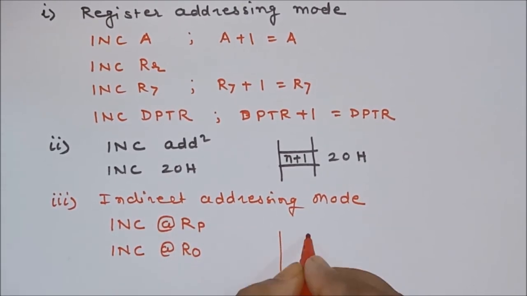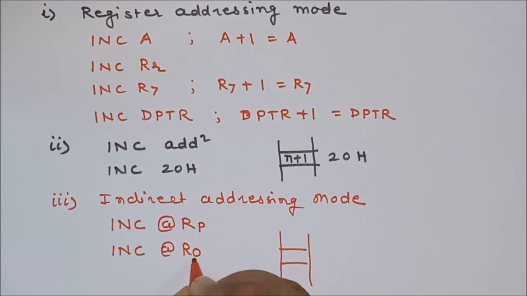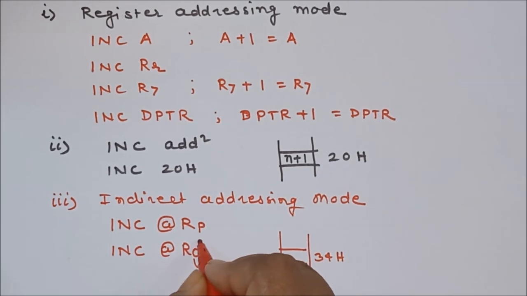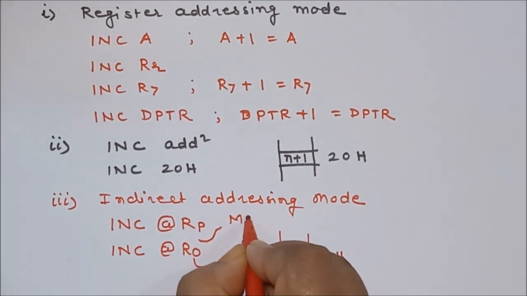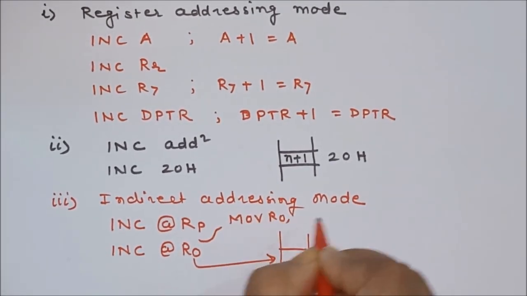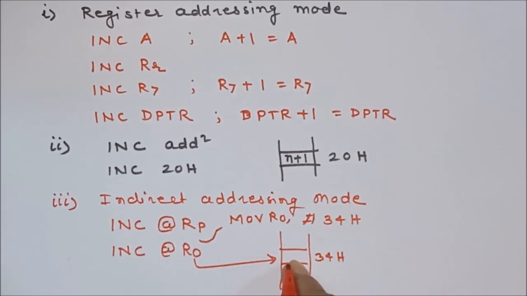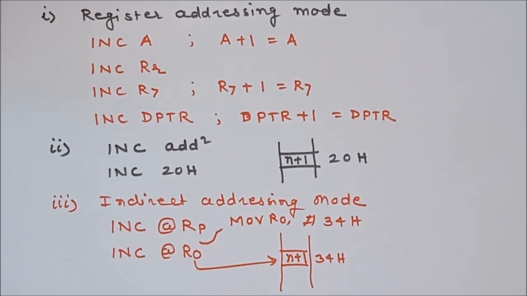R0 will point to the memory location. So before using this instruction, we have to store the address of the memory location in R0. Suppose the address is 34H. Before writing this instruction, we have to write MOV R0, #34H. So the contents of this memory location will be incremented by 1 after execution of this instruction.